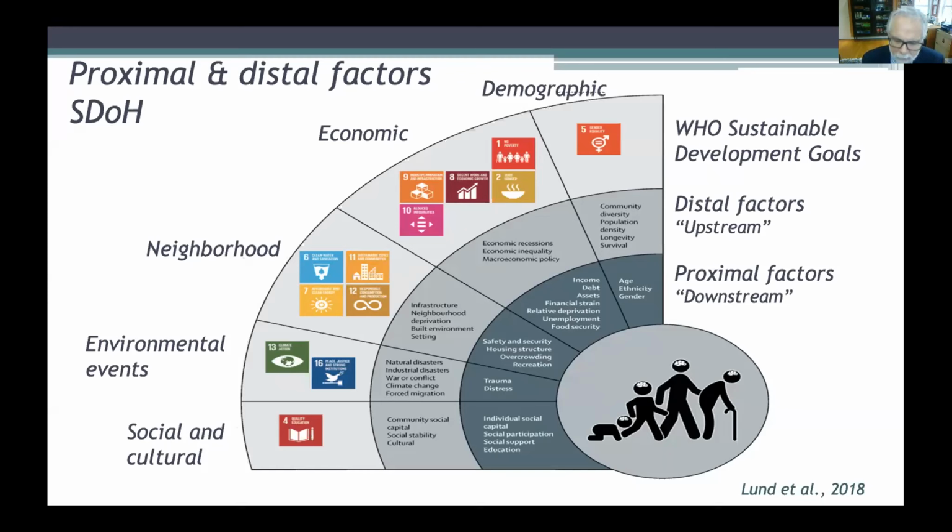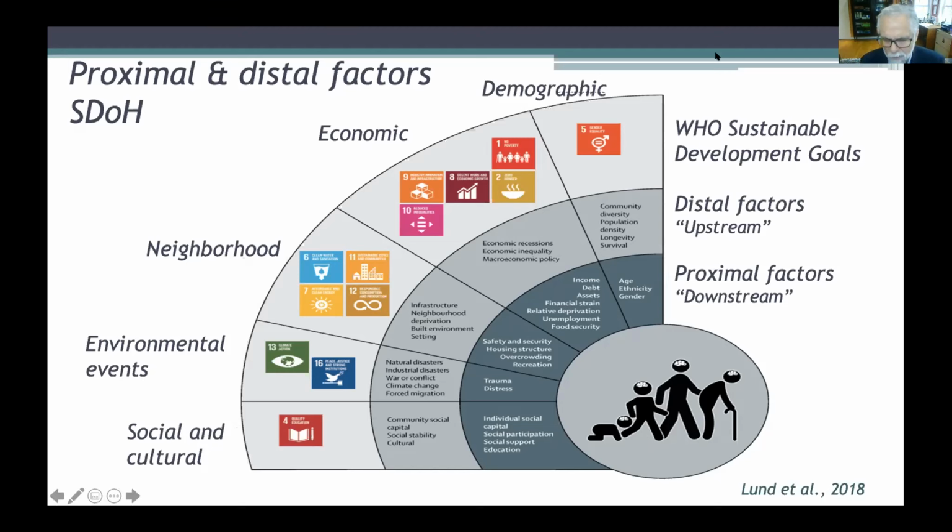So this is meant to be a life course type of developmental process, as well as being multi-level in the sense that there are distal factors and proximal factors within each type of social determinant of health. The distal factors are also sometimes referred to as upstream factors and proximal factors as downstream factors.